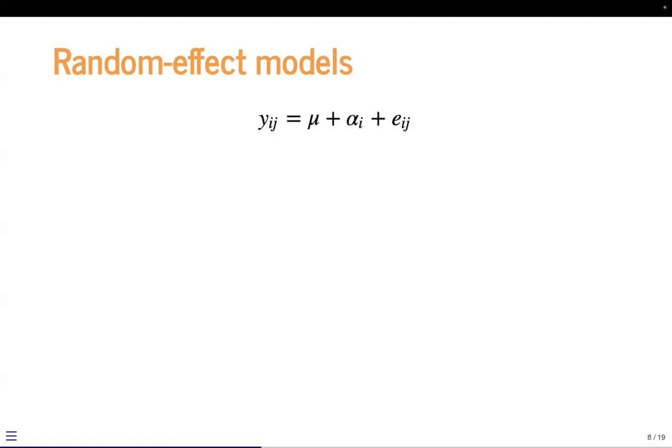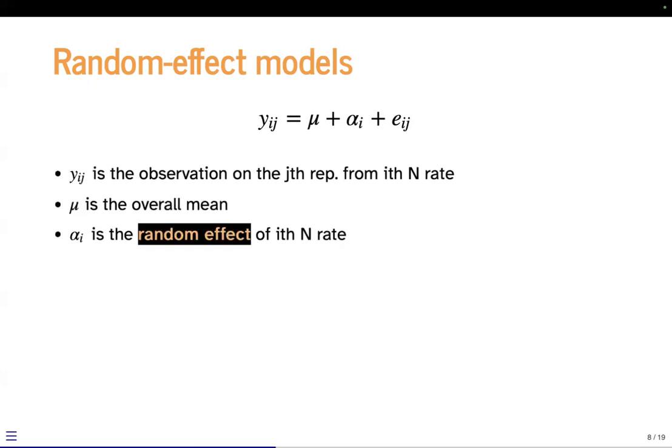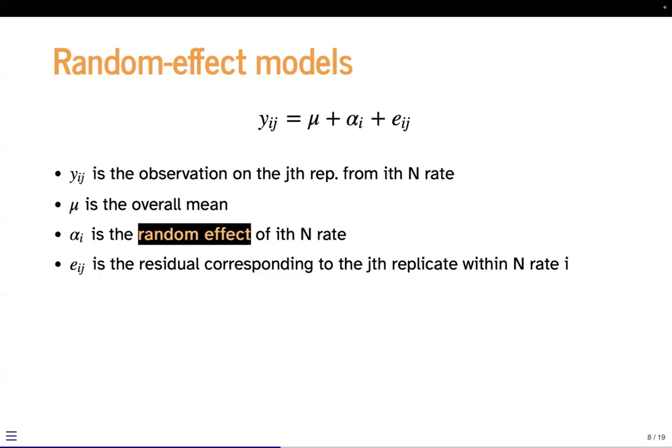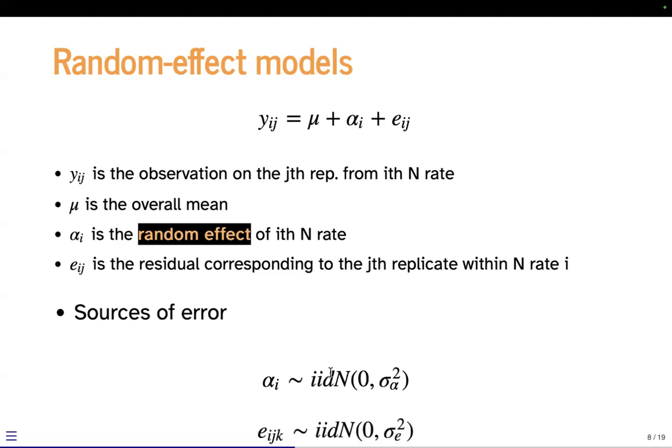So here is an example of a fully random effect model where we still have our observation, our overall mean, the random effect of a given nitrogen rate, in this case, and then the error corresponding to that model. So in this case, we have two sources of error. The alpha i is going to have its own distribution with its own sigma square, and then we still have the distribution of the residual, or the error, which we normally have for every model, as I was telling you.